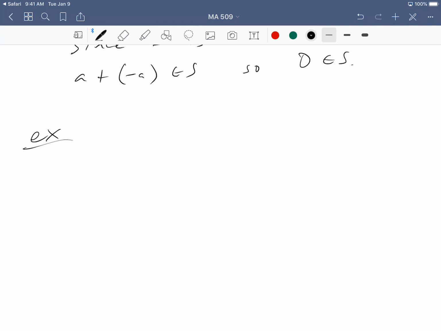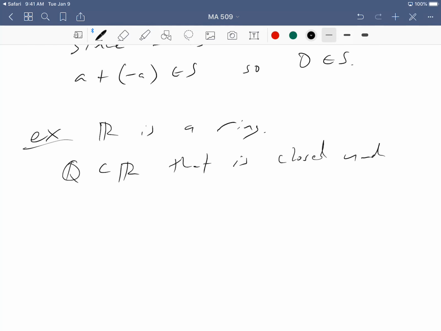Let's do some examples. So some quick ones: let's take R is a ring. That will be our biggest ring in our setting. So Q is a subset of R that is closed under addition and multiplication.